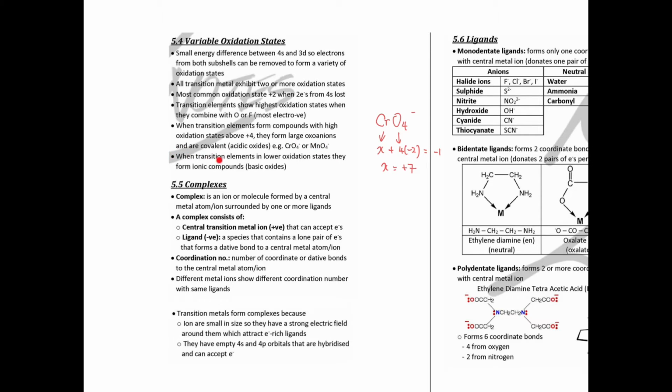Next point, when transition elements are in a lower oxidation state, they form ionic compounds, and ionic compounds are basic oxides. For example, with low oxidation state, copper 2 chloride. So this is basic.